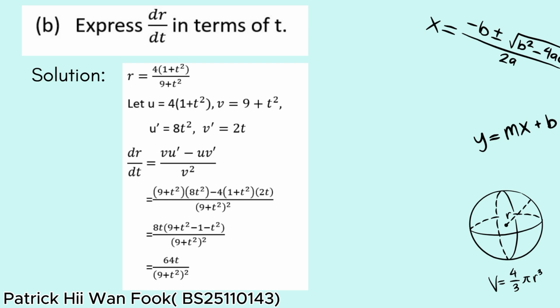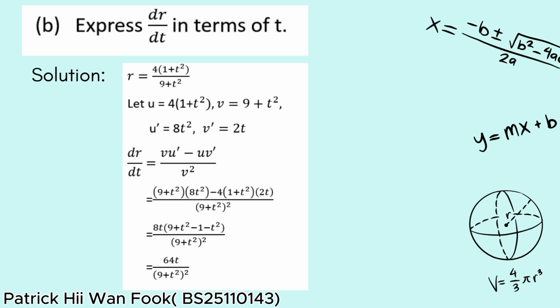For part B, we want to find dr/dt. So we differentiate the given equation using the quotient rule. Let u equal 4 times (1 plus t squared) and v equal 9 plus t squared. Next, we differentiate u and v.